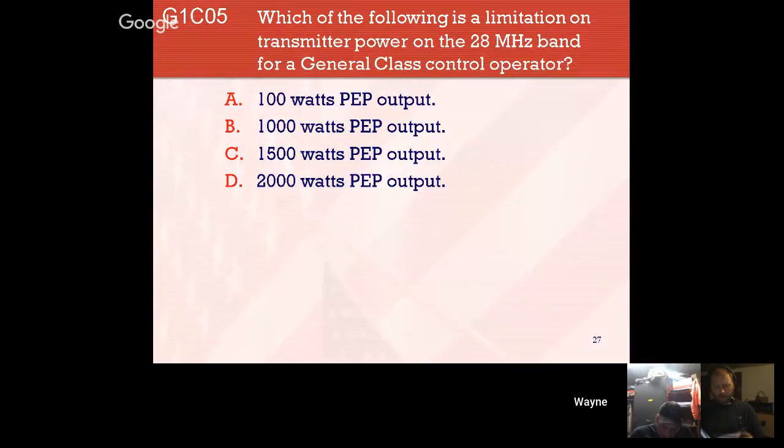Which of the following is a limitation on transmitter power on the 28 megahertz band for a general class licensee control operator? Again, you have all that power, 1500 watts. If you want to invest in an amplifier, by all means, go right ahead. I have a 600 watter, and that's more than enough for me, and I don't use it all that often.